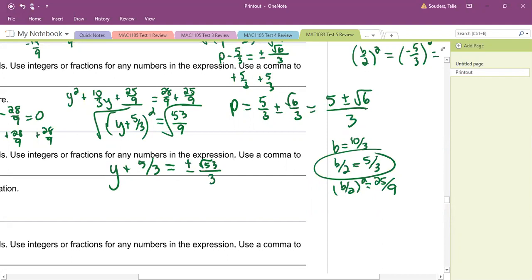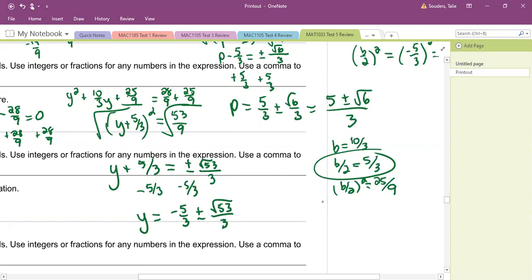What's the last thing we have to do? Bring the 5/3 over to the other side. So subtract 5/3 from both sides. So negative 5/3 plus or minus square root of 53 all over 3.